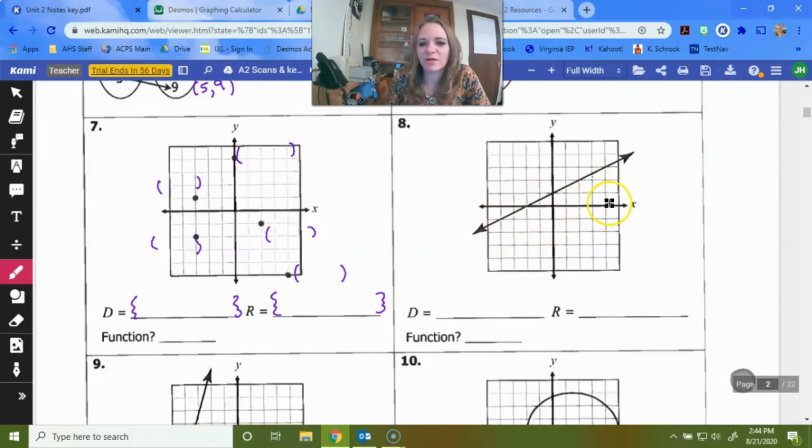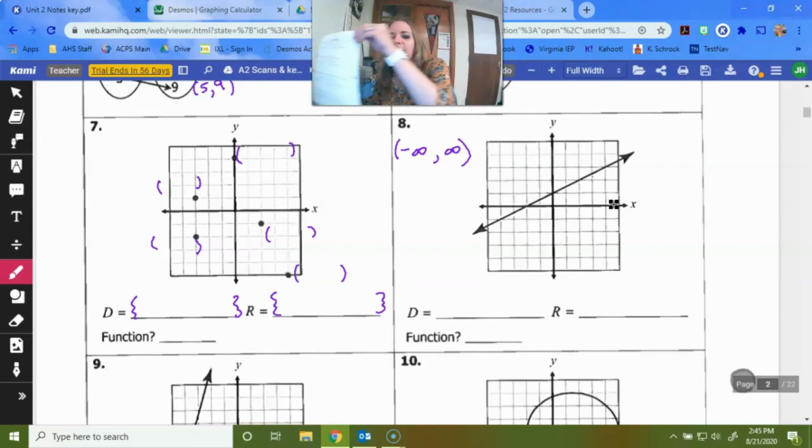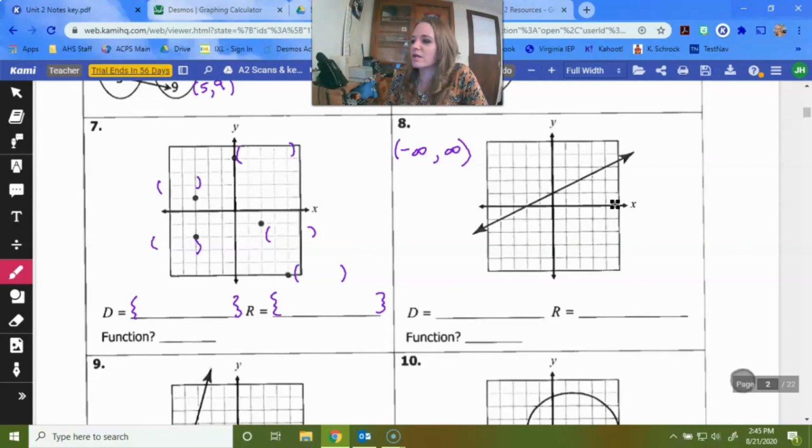Kind of like when we did our number line, our interval notation. So if I was going to represent this in interval notation, I'd say negative infinity to positive infinity, right? It goes forever that way or forever that way. Now on domain and range, you can pretty much do the same thing, except we will write this as all real numbers.